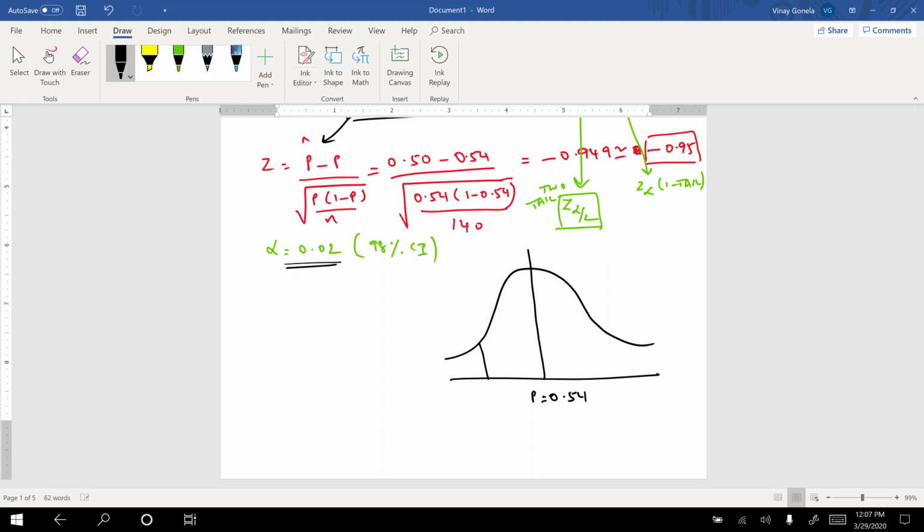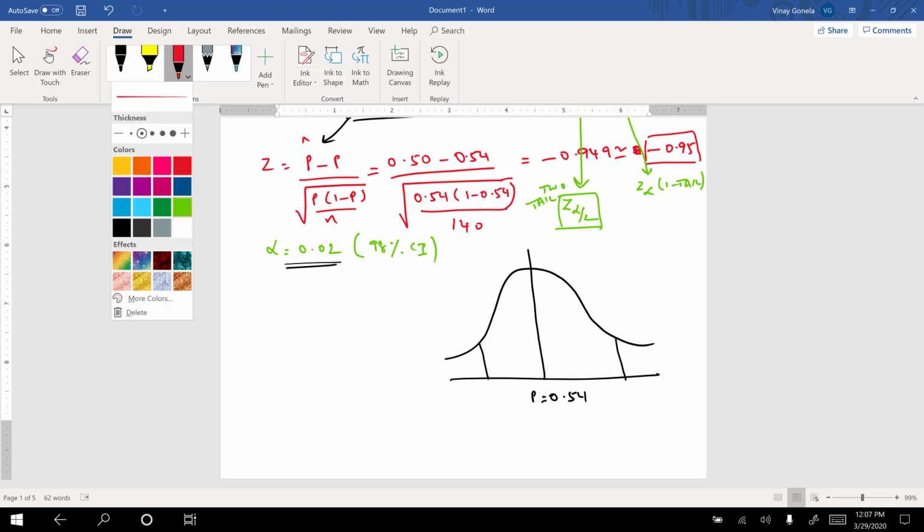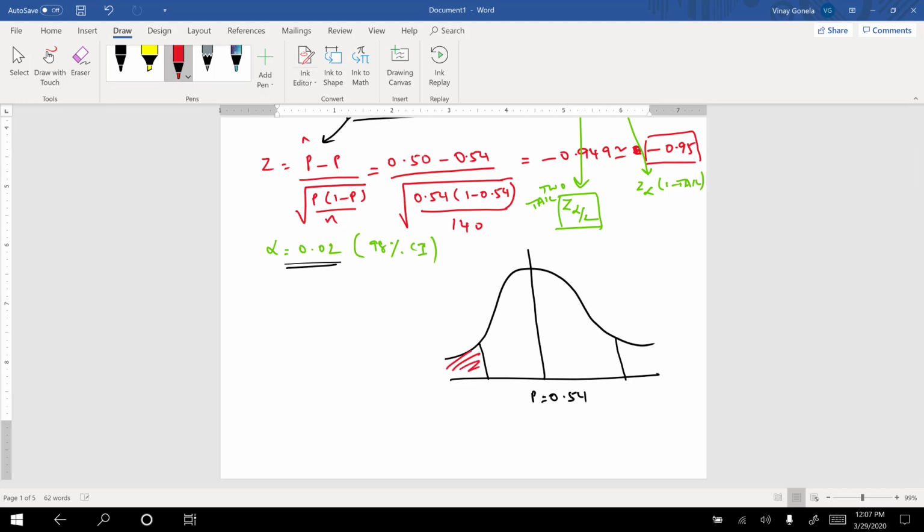Since this is a two-tail problem, we do this, and the area in this plus this, both together, should be 0.02. So this will be alpha over 2, which is 0.01, half of it, and this will be alpha over 2, which is 0.01, half of it.